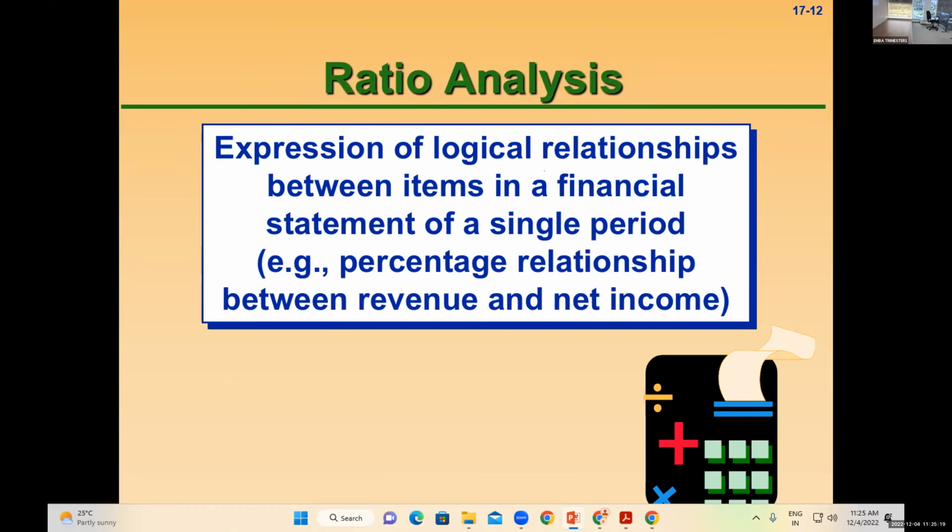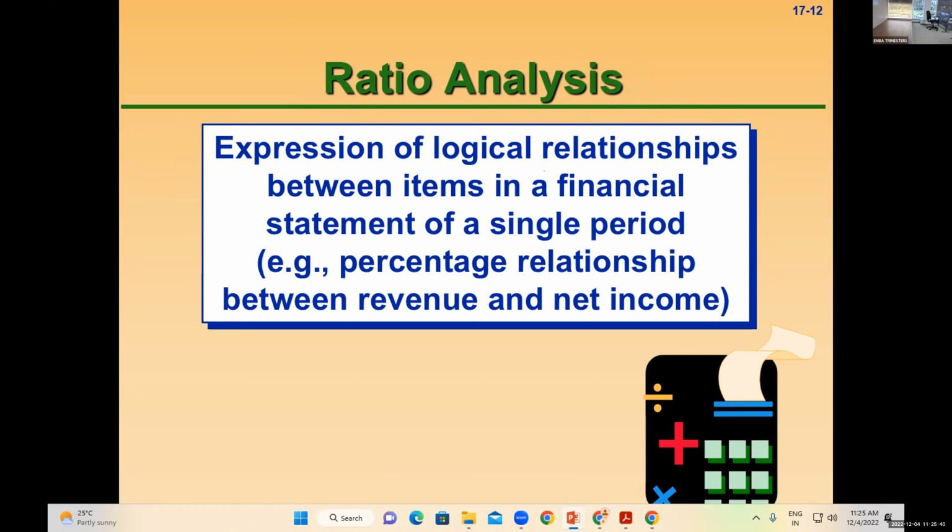Take another example. Revenue and net income. Your profit is 1 lakh for company A and 2 lakh for company B. How much sales did we make? Company A has earned a profit of 1 lakh for a sale of 10 lakh.